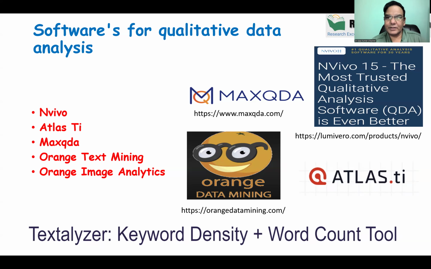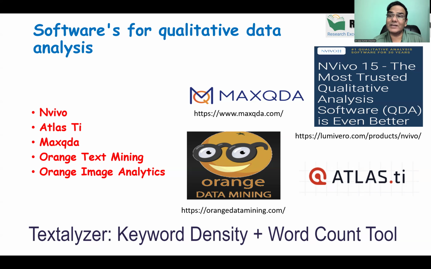So if your data is text data, which is coming from interviews, books, articles, research papers, everything can be analyzed with the help of the text mining option. There are many algorithms available in Orange text mining. Like there is a proximity algorithm in text mining.